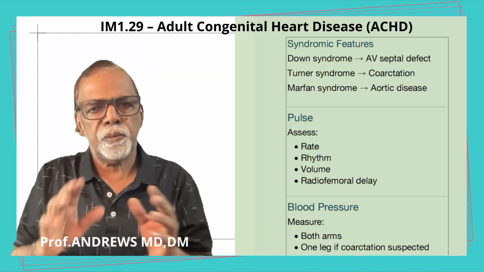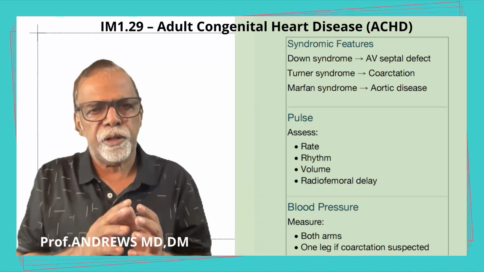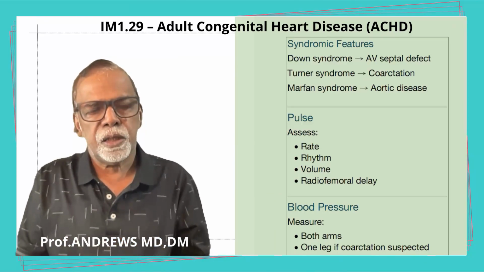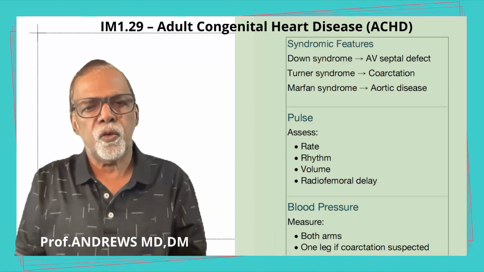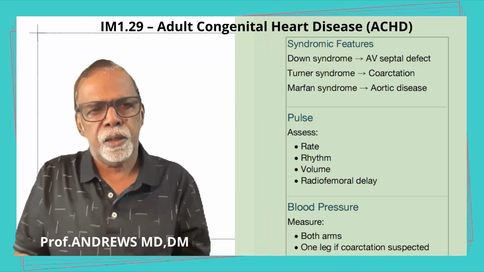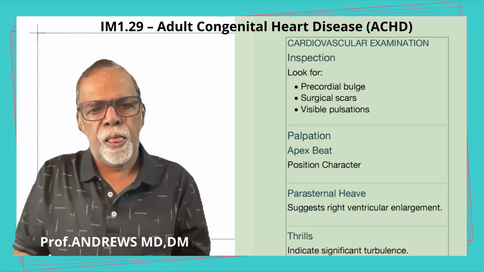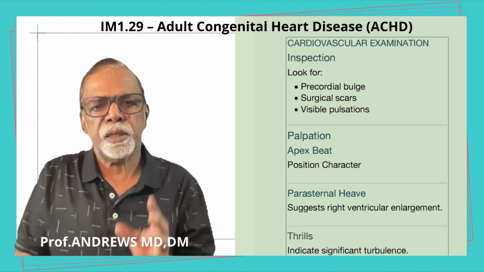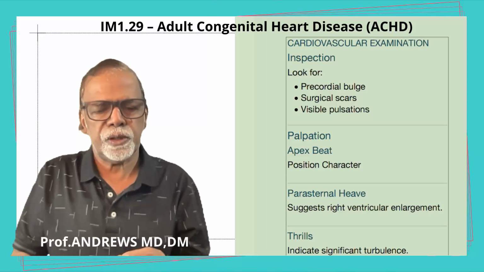Turner syndrome, remember coarctation. In Marfan syndrome, aortic dissection. Pulse, carefully assess the rate, rhythm, volume, especially radiofemoral delay, which is characteristically seen in coarctation of aorta. Blood pressure should be measured in both arms and in one leg if coarctation is suspected.